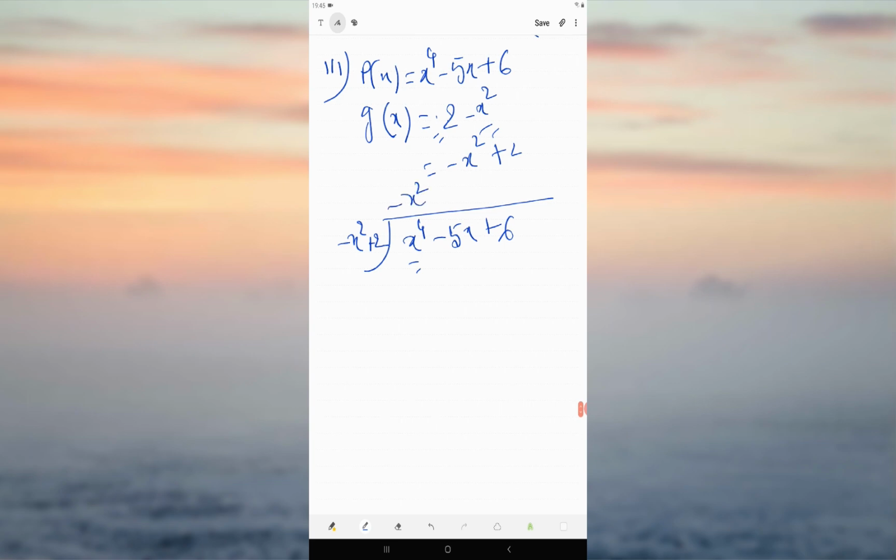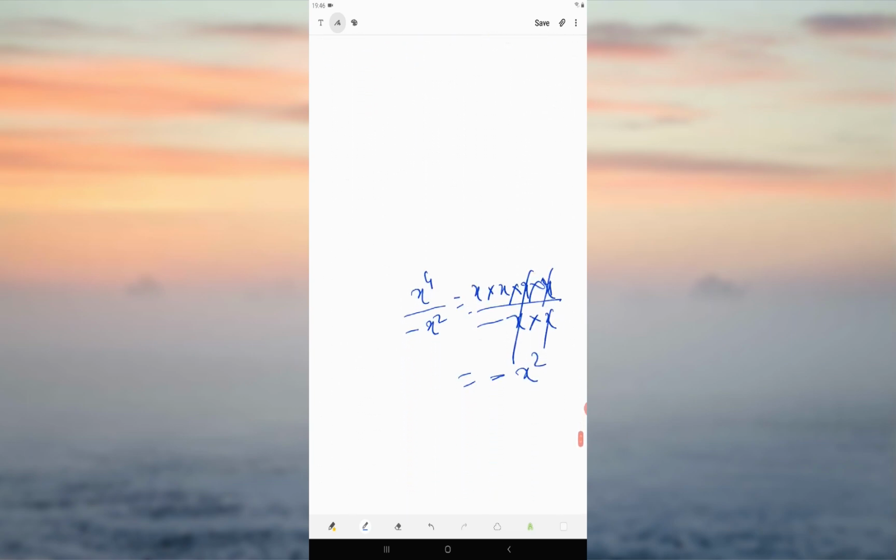Now this should be multiplied with not only minus x square, we have to multiply with plus 2 also. So let's multiply minus x square with minus x square plus 2. So what will we get? Minus minus is plus, and x square into x square is x to the power 4. Now minus into plus is minus, and x square into 2 is minus 2x square.